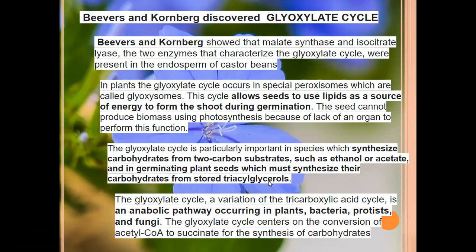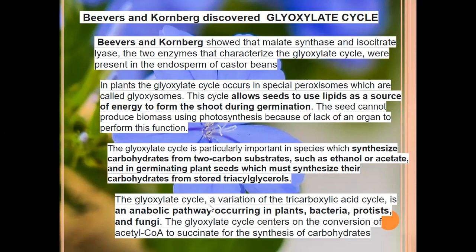These are lipid molecules. From these stored triacylglycerols, the plant seeds gain energy.